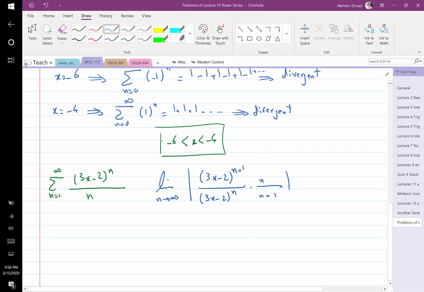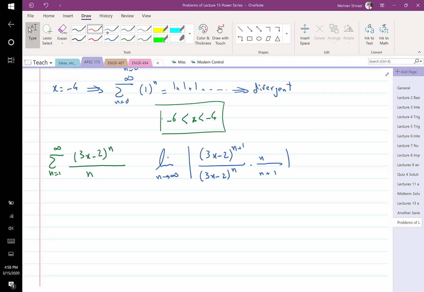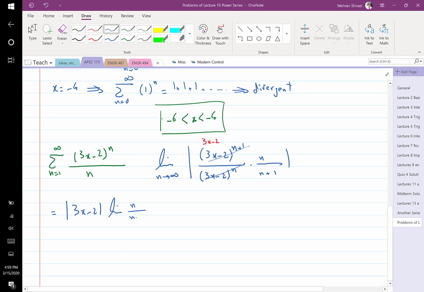So here this gets cancelled, and what's remaining is 3x minus 2, and obviously we have an absolute value, which we should be careful about. So the absolute value of 3x minus 2 times the limit of n over n plus 1. We have talked about this limit a lot.